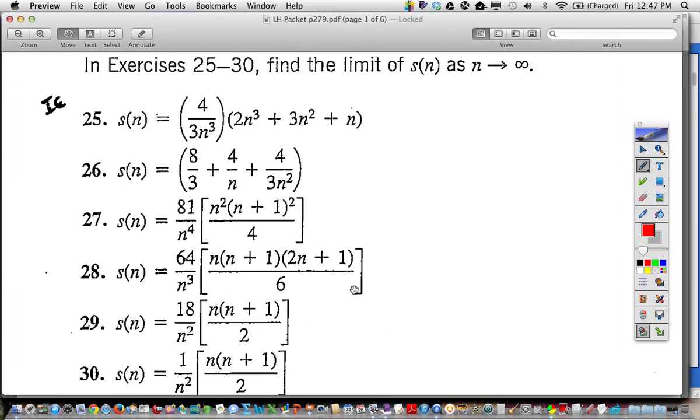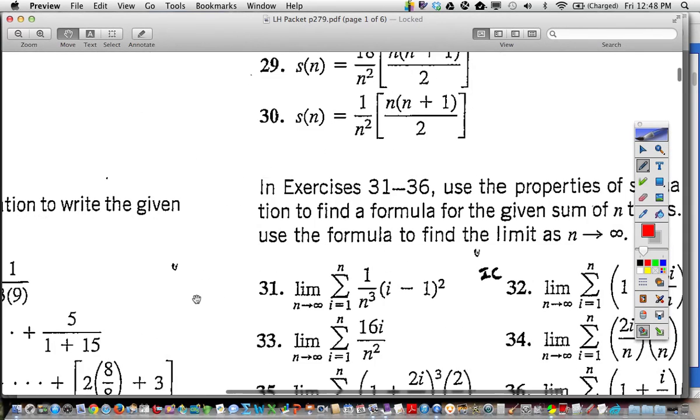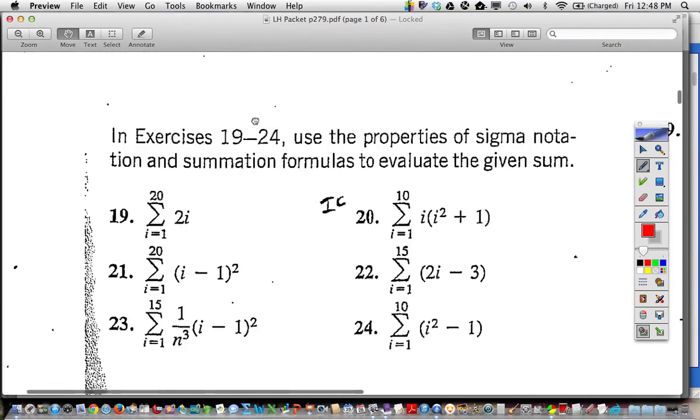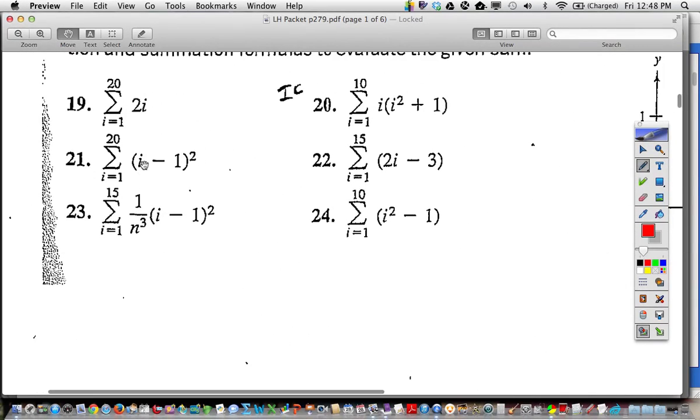For 21, I plugged in 20 to the i, so I did 19 squared instead of 20 squared. So I did 19 times 20 times 39 divided by 2. Say that again. So you use the formula. Yeah, for i squared, I just used the 19.